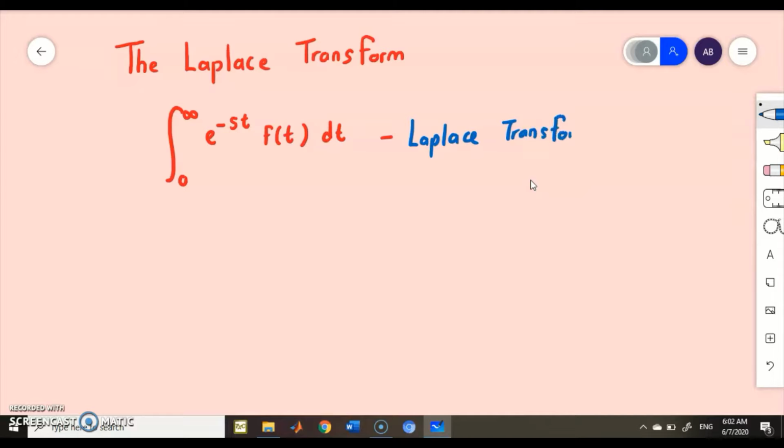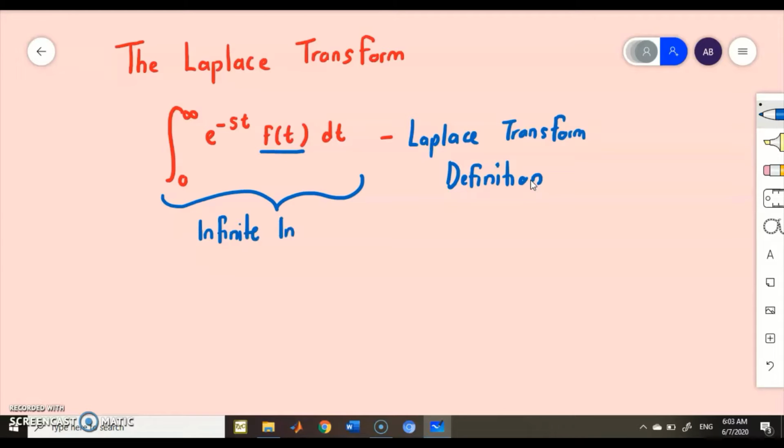You have to integrate from 0 to infinity to transform the function. This is a given function that you want to transform. The interval is bounded from 0 to infinity, so this is what you call an infinite integral.